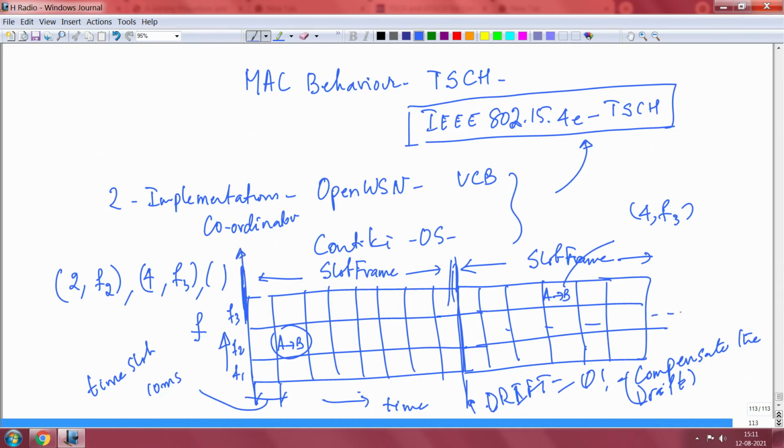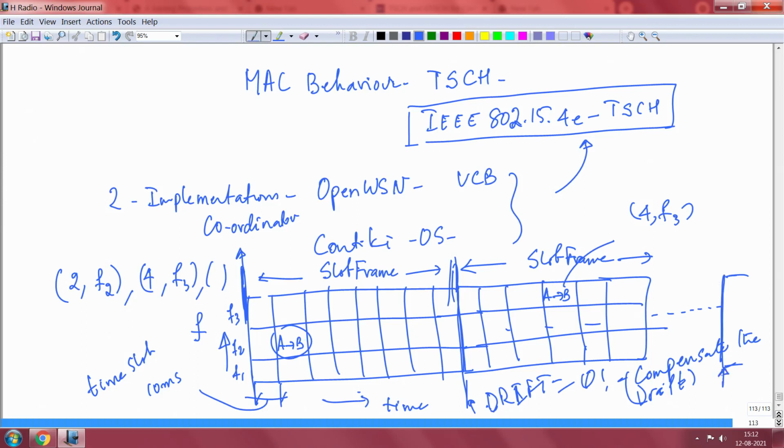If many frames have evolved, it will tell you when the initial time was started. So the absolute slot number gives you an indication of when the first slot frame and the first time slot started, and you anyway know the current time, so you exactly know how many time slots have passed.